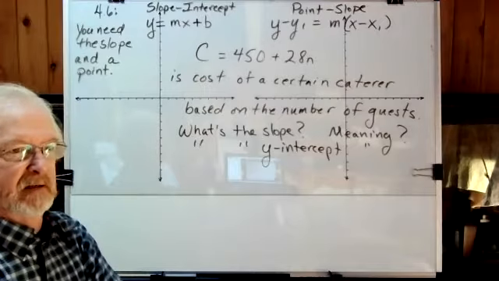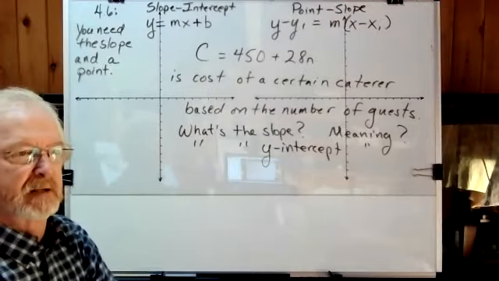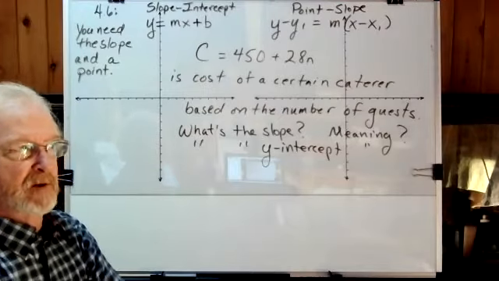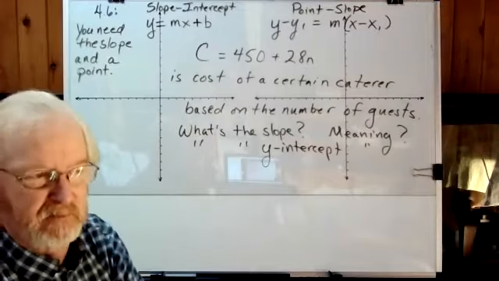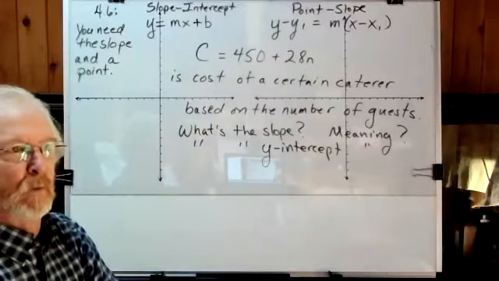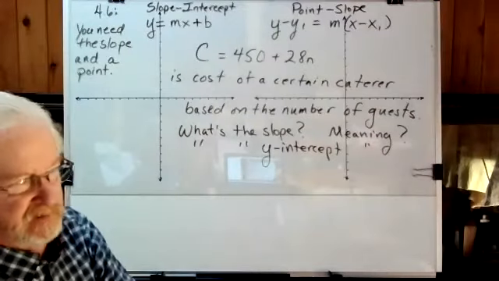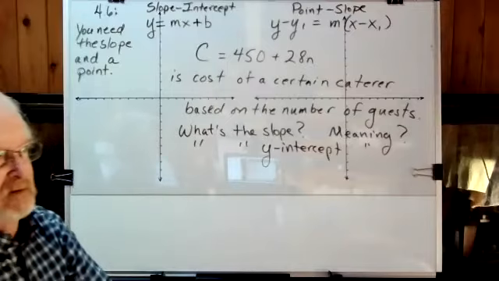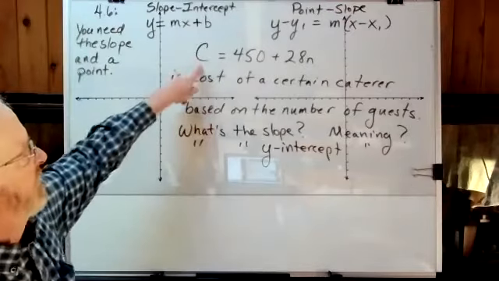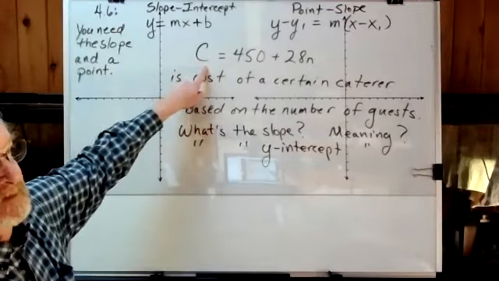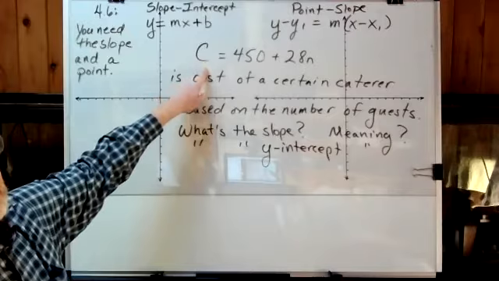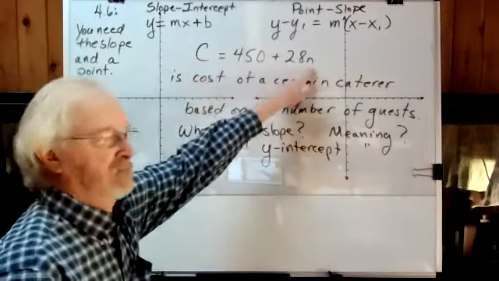Here's the other thing I mentioned early on when we were talking about slope: the units of that slope are really your y units over your x units, just like the calculation. So what's the y value? It's the cost, and the x value is the number of people.